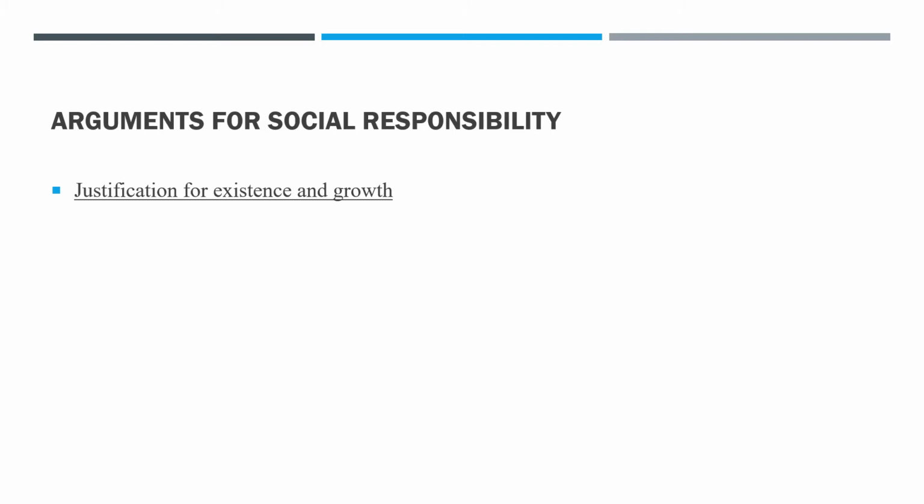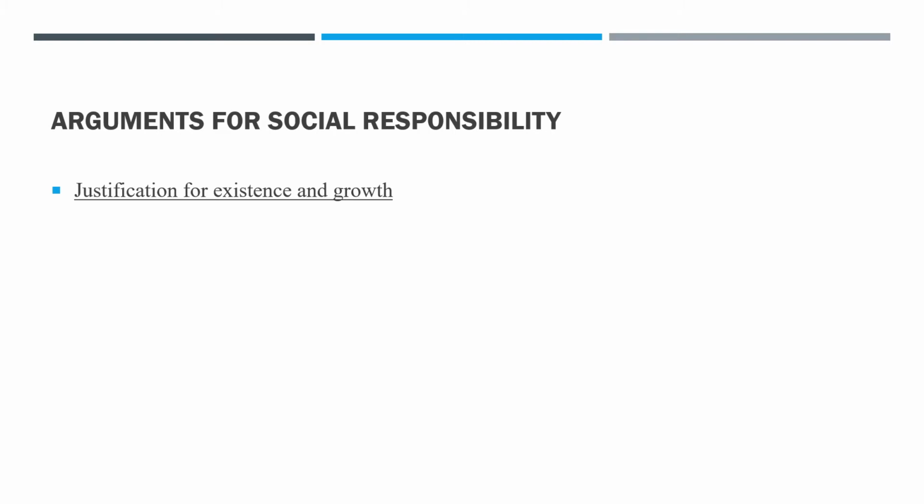Since a business is a part of this society, its prosperity, its growth, its existence depend upon how well it satisfies the society. So if in the long run a business is not able to satisfy the society, its own existence and its own growth can be hampered. So definitely complying with social responsibility is always good for a business.